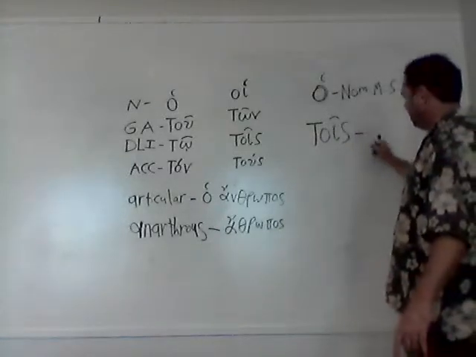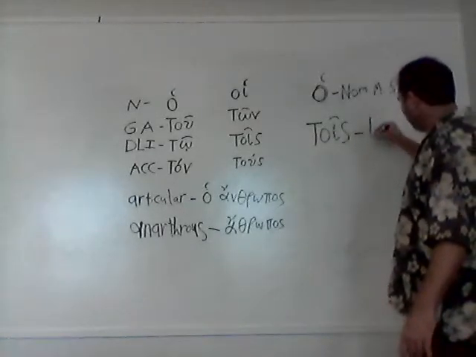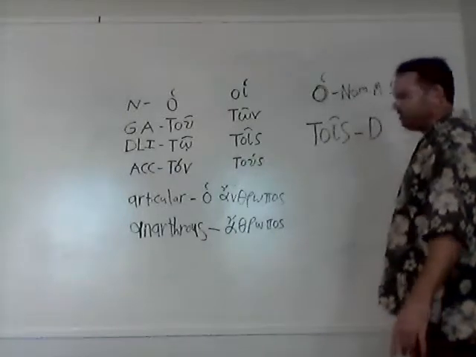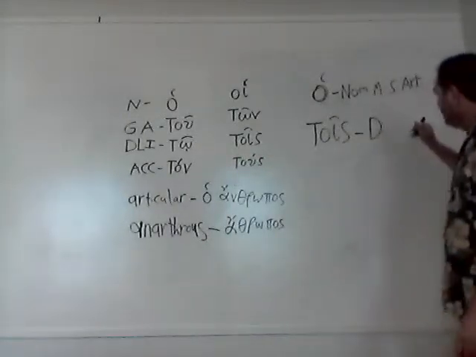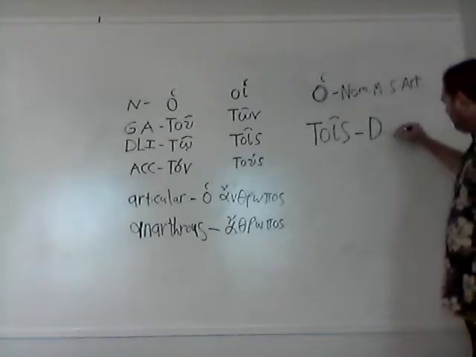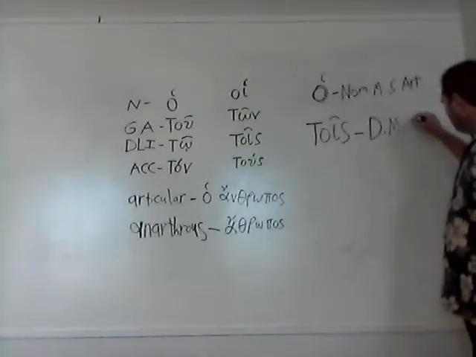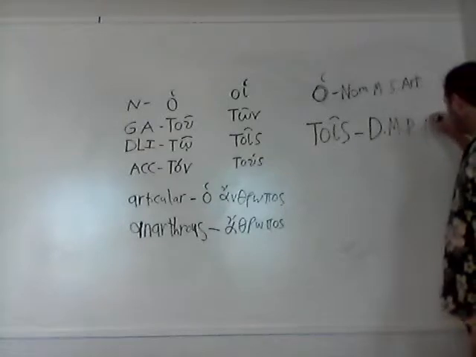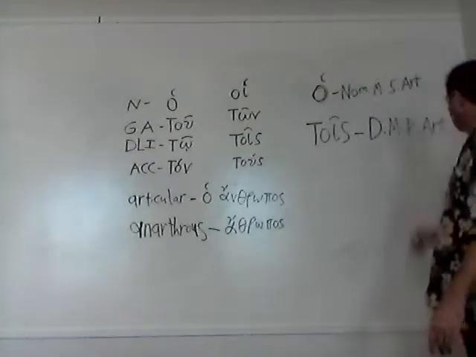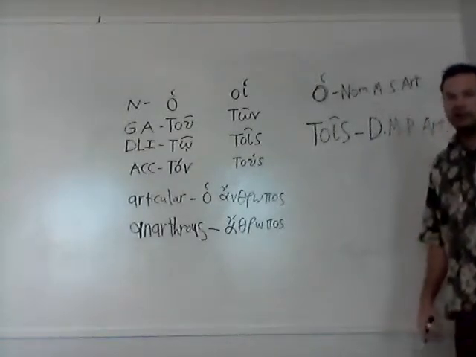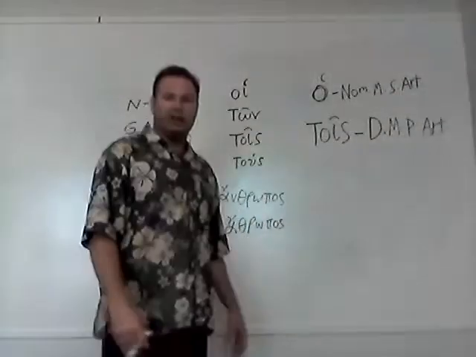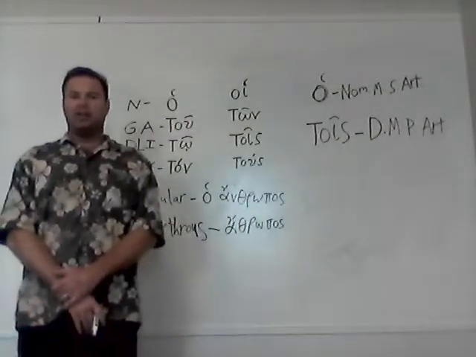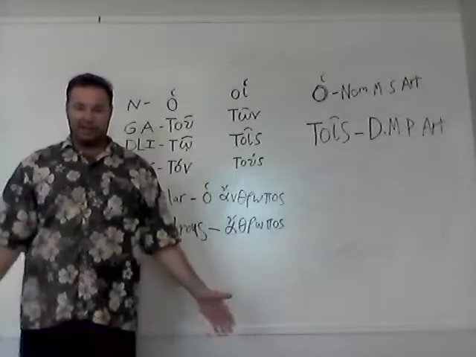Toys is a dative, vocative, or instrumental, but we can do a shorthand dative for now. Dative, masculine, plural, art. Okay, so you are going to need to decline the articles as well as the nouns on your homework. And we'll walk you through this whole process in a later video.